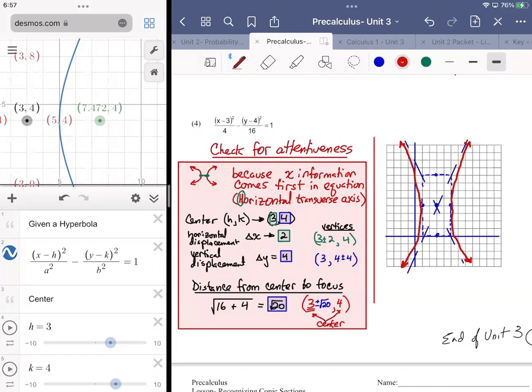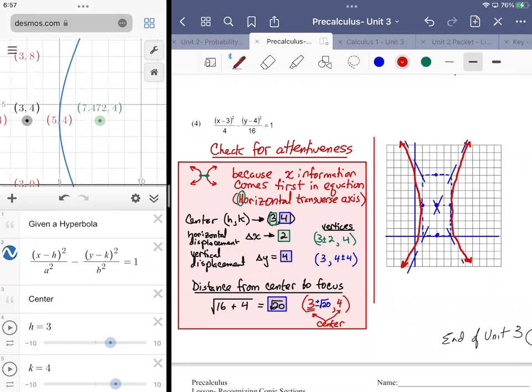So my foci are in the neighborhood of 7.5 on the right. It's a little bit more, between 4 and 5 units away from center. So I could plot it by the coordinates 7.5-ish, comma 4, from the x-axis, or I could just go from center, whatever my distance from center to focus is.